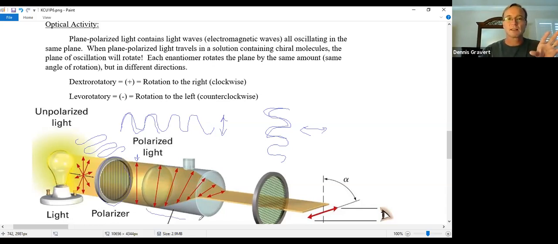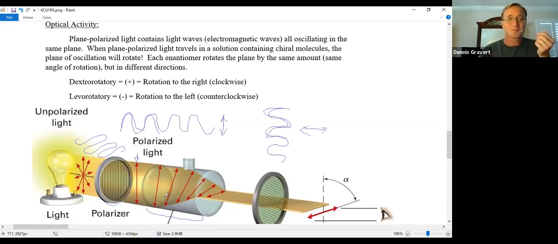And then right here in our polarimeter, we have this glass chamber, and we fill it either with a pure molecule that is chiral, or we dissolve it in a solvent. And depending on how many molecules are in here, as the light goes through, something cool happens. The plane of oscillation will rotate.